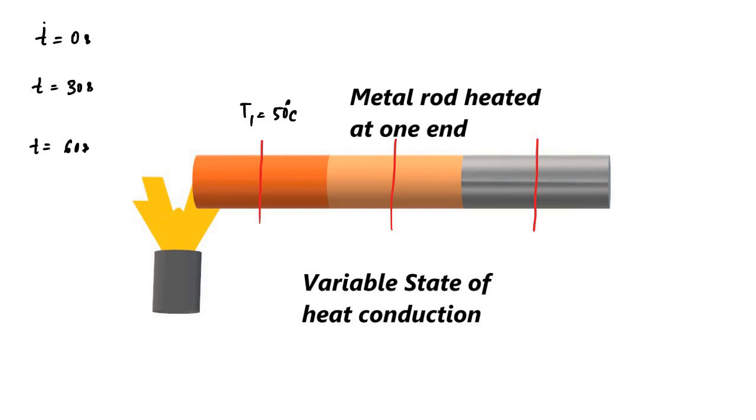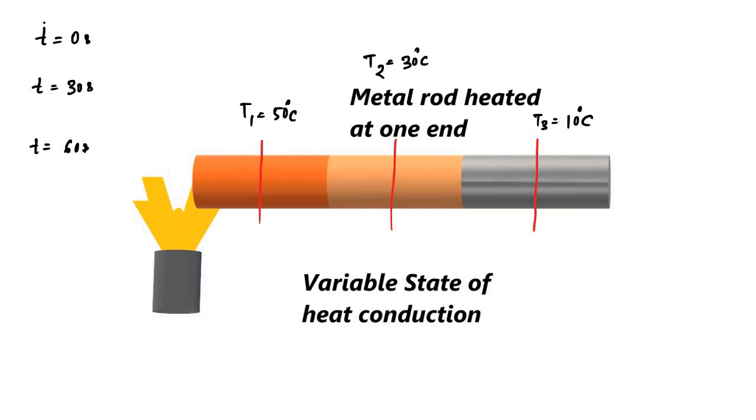The temperature of the second cross section, let's say that is 30 degrees Celsius, and the temperature of this section T3 is equal to 10 degrees Celsius, because the end closer to the source of heat will be at a higher temperature, and in that way heat can pass from one end to the other. T1 will be greater than T2, greater than T3.